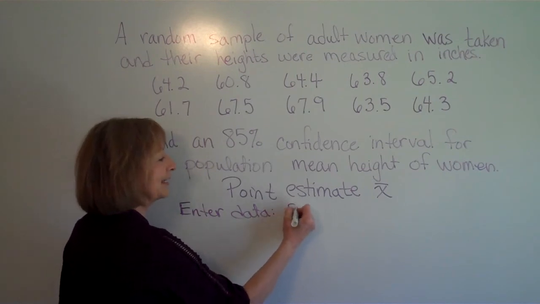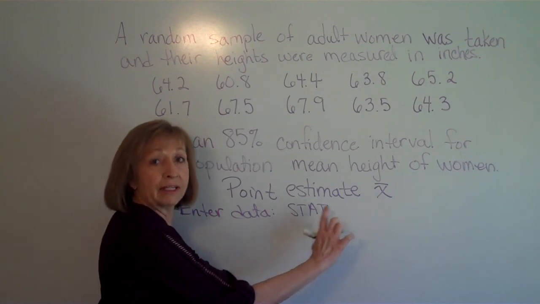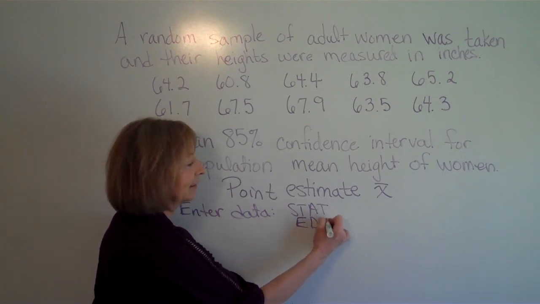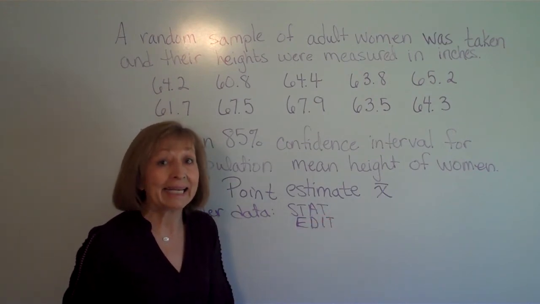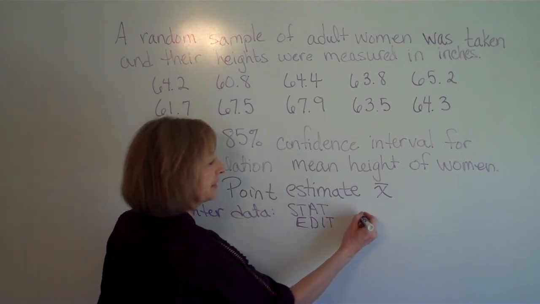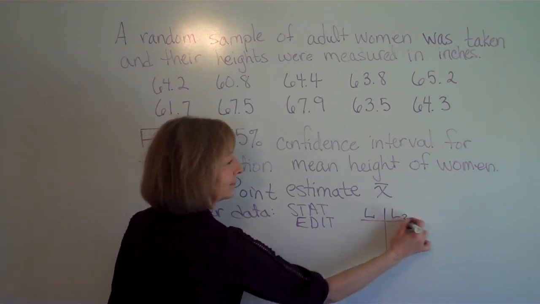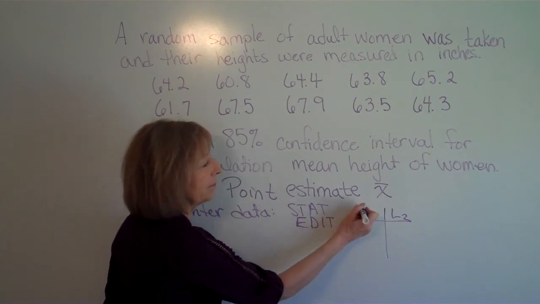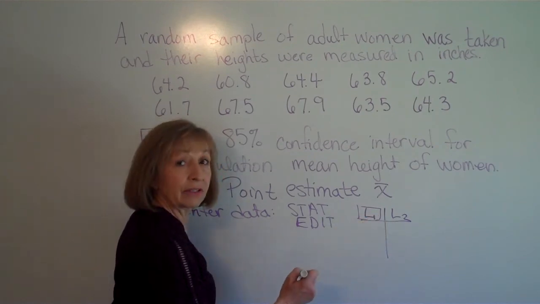So the first thing you want to do to enter the data is you want to push the Stat button, and in the Stat button you're going to have a menu of options, and the very first one is Edit. And your highlighting should be on Edit when you first go to that. So in the Edit, once you see that, you're going to have lists. If there's anything in your list, you want to cursor up so you're highlighting on the name of the list, and we're going to do this for list 1.